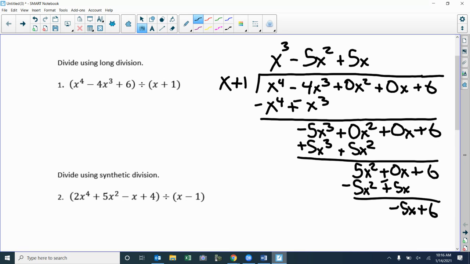We're going to multiply by negative 5 now, because that'll give us negative 5x, which is what we're looking for. Negative 5 times 1 would give me negative 5. But again, that becomes positive to give us 0 here. That becomes positive, which gives us 11. So plus 11 is our remainder over what we divided by, x plus 1. Good old long division there.